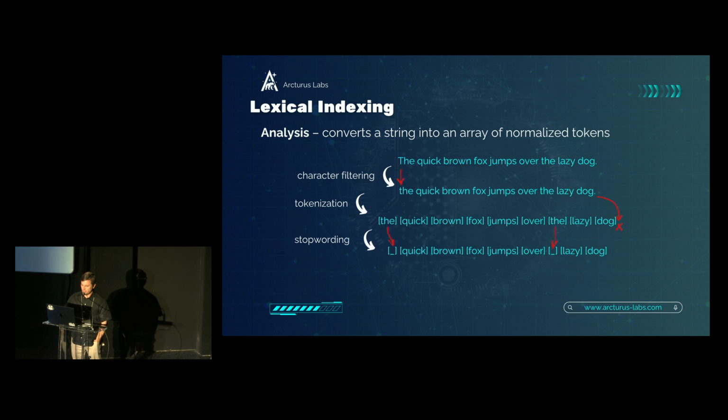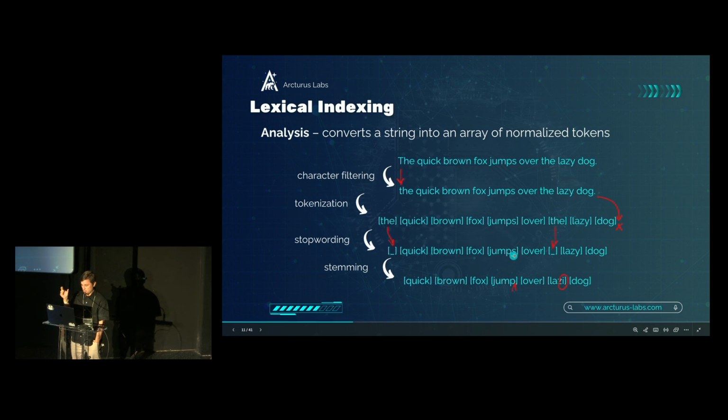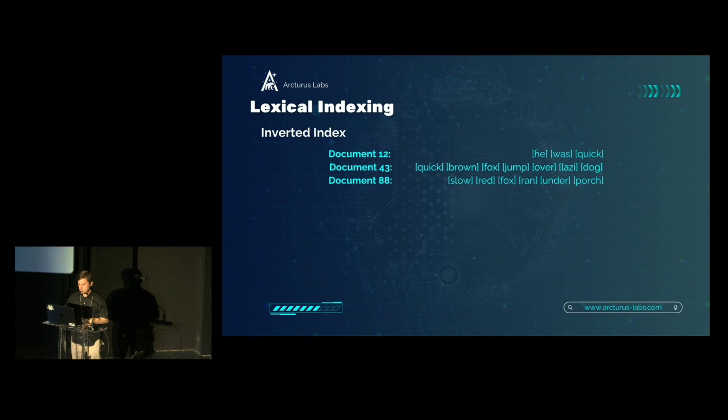Stop wording removes the words that don't carry much semantic value. And stemming is our way of taking words that lexicographically are different, jumps, jumped, jumping, laziness, lazier, and mapping them down into a space where you can type in any of those and match documents with all the others.